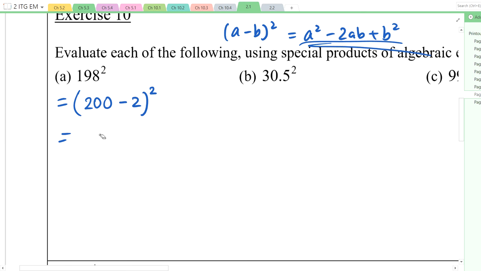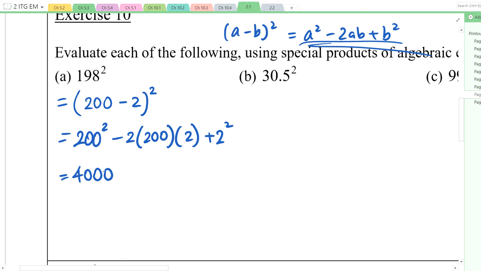Okay, let me not skip a step first. Let me just write everything down. 200 square, then minus 2 times 200 multiplied by 2, plus 2 square. Do you agree with this? Okay, it is correct. So next, because it's so easy, 200 square is just 40,000. Then minus how much?